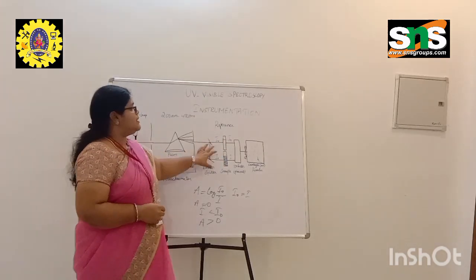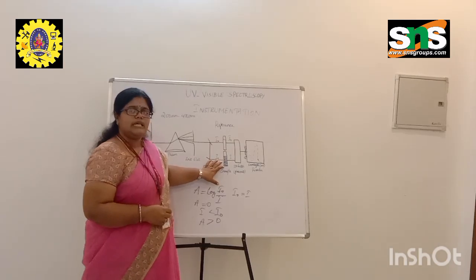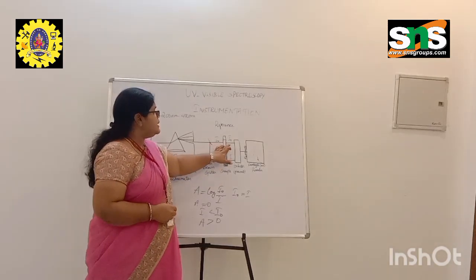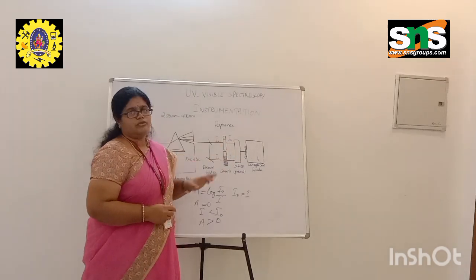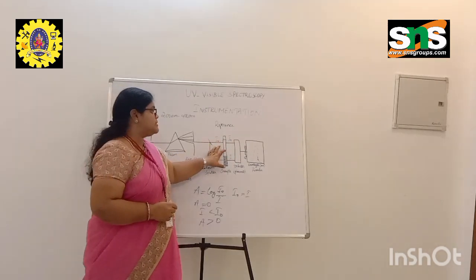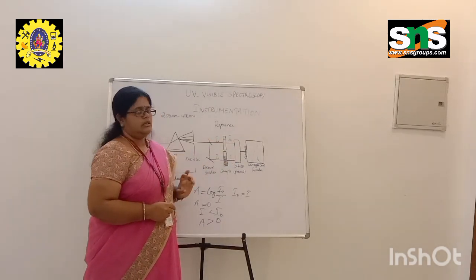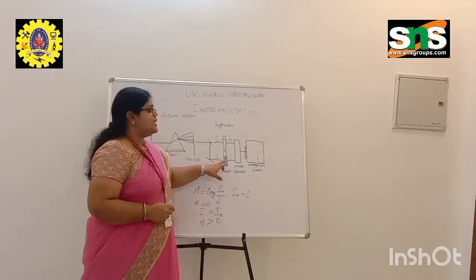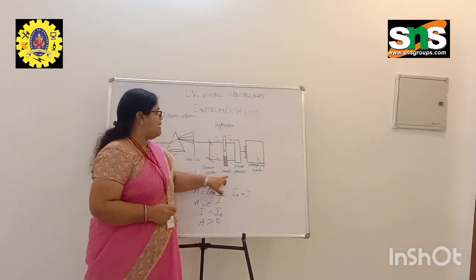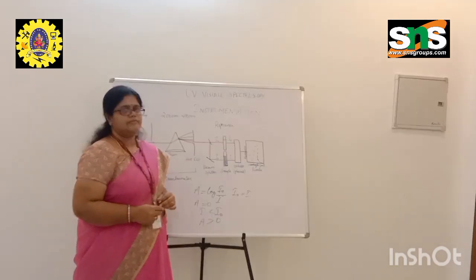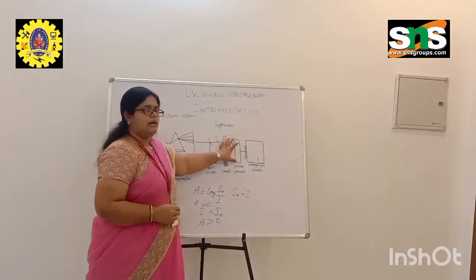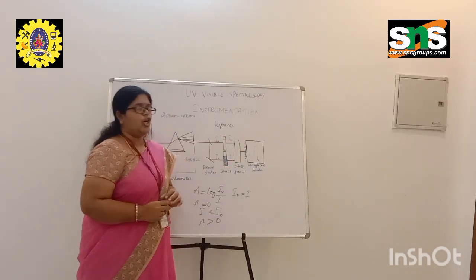After passing through these cells, what will happen? For the light passing through the blank, there is no absorbance because it's a blank solution, and you get I naught. In the sample, when the light is passed through, the intensity of light coming out is I. Here is the recorder.